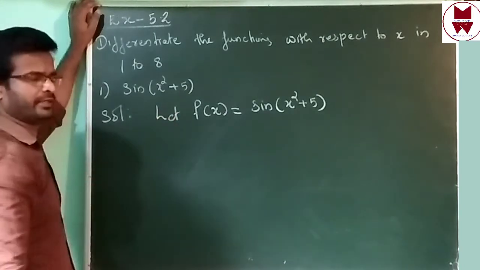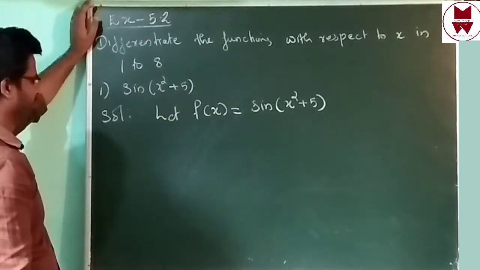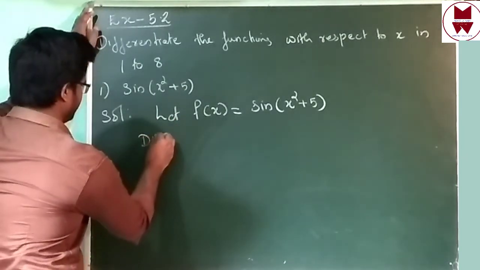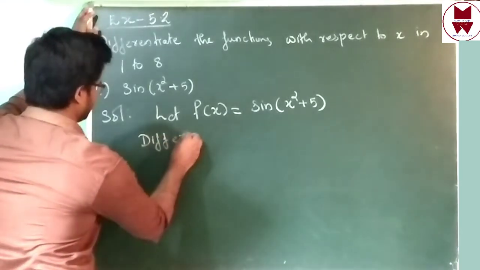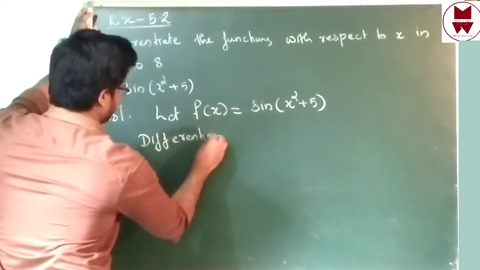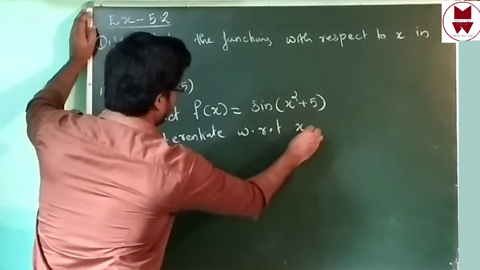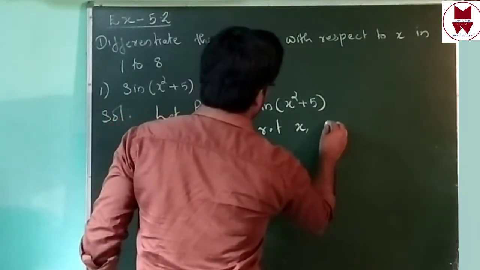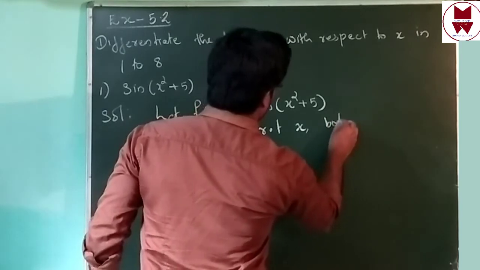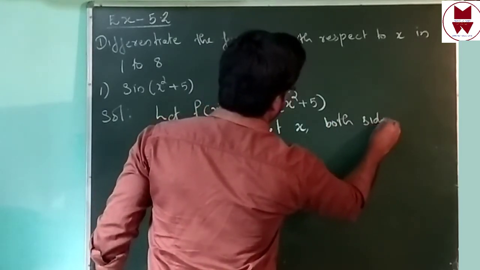First give one name. I have given it here, f of x. Then differentiate with respect to x on both sides.